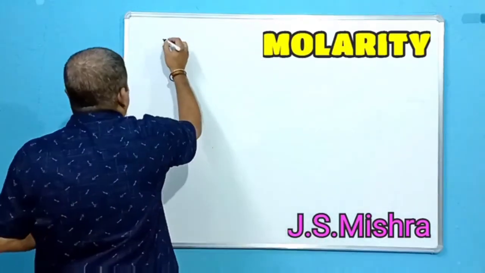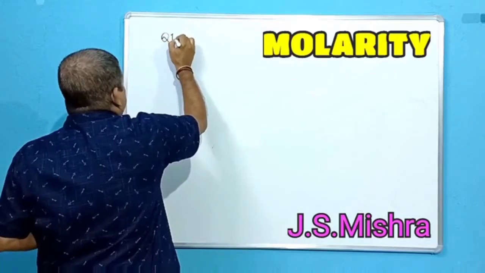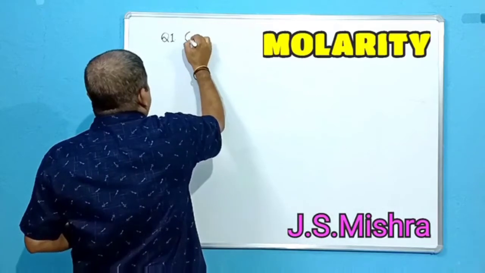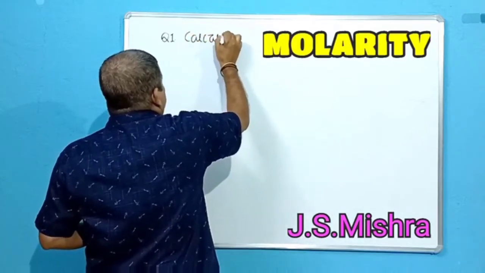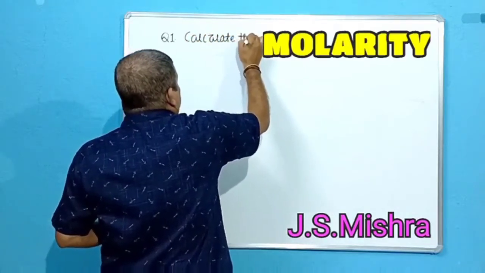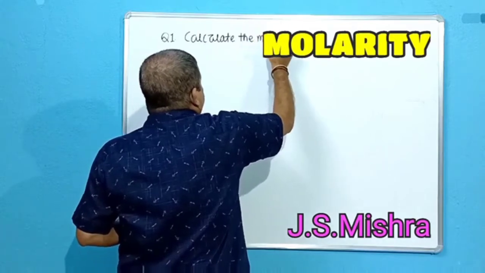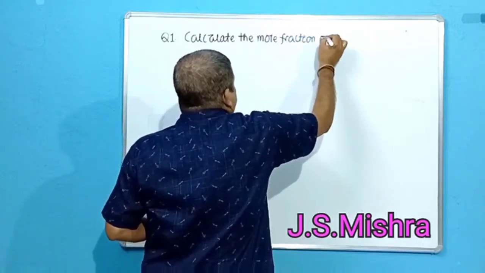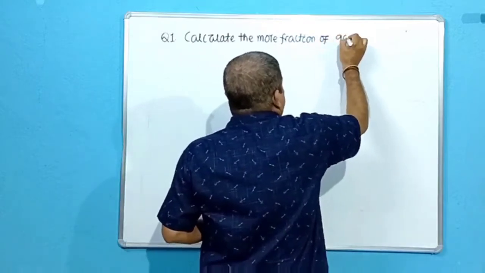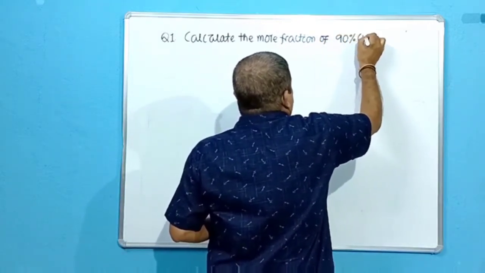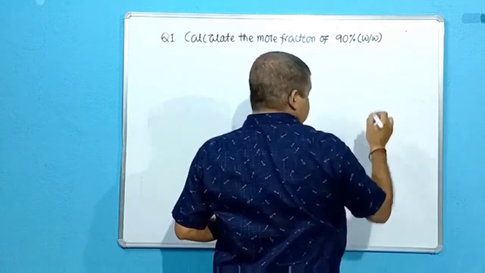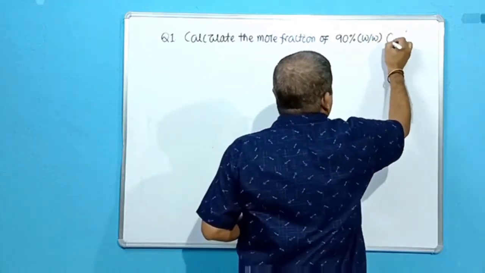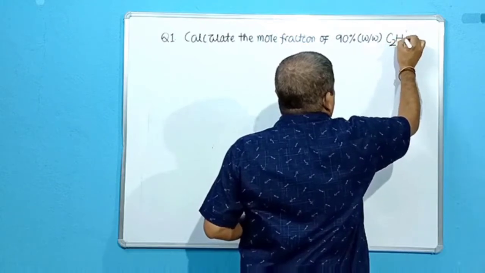What was question number 1? Calculate the mole fraction of 90% W by W, that means mass by mass, ethyl alcohol, that is C2H5OH.